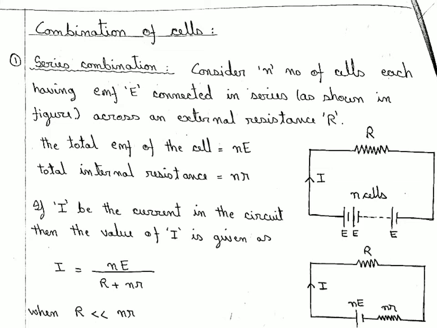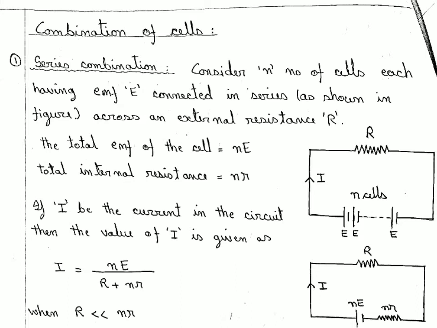Now we come to another topic, which is combination of cells. Just like resistors, we can have two types of combination: series combination and parallel combination. So here in the diagram, we see n number of cells connected in series, one after the other.